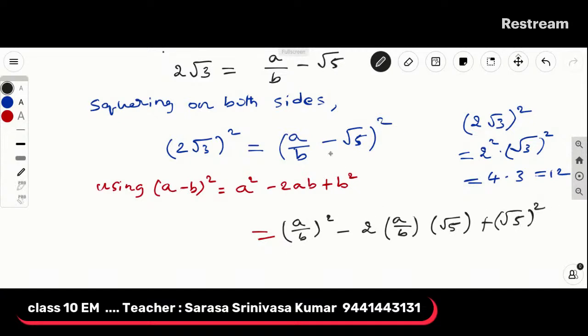So this is by using the formula (a minus b) whole square on the right hand side term. Now in place of the left hand side term we can write 12.